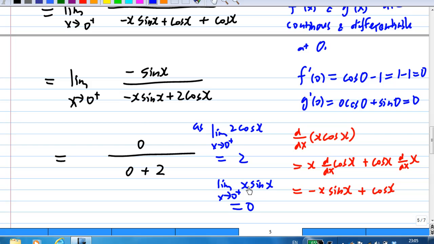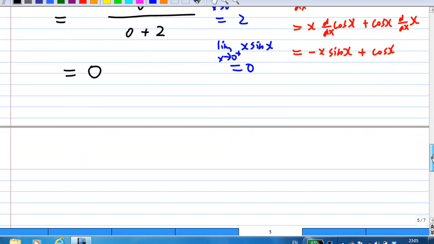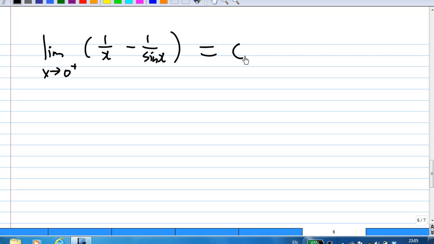So in the end, the ratio is 0. So after applying L'Hopital's rule 2 times, we conclude that the limit of x goes to 0 plus of 1 over x minus 1 over sine x, although this is infinity minus infinity, the result is 0.